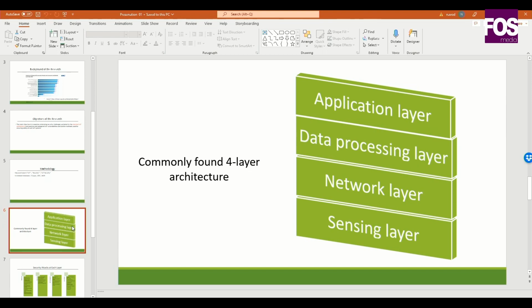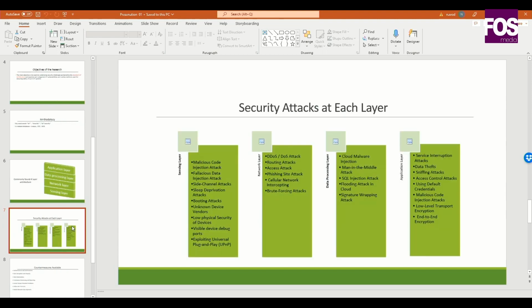The sensing layer comprises physical IoT devices, the network layer comprises networking components, and the data processing layer acts as the intermediate layer between the application and the network layer. The application layer serves as the main layer that provides end user services for all its stakeholders, like smart medical health applications and smart city applications.